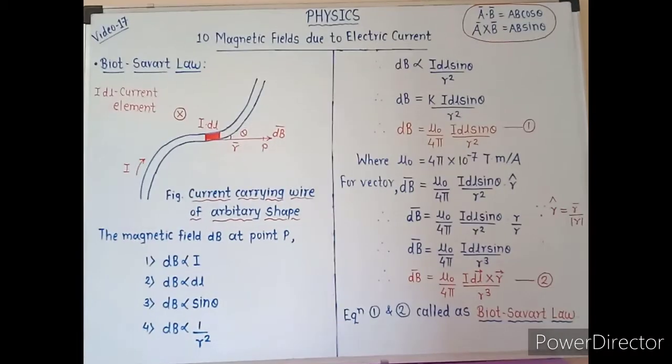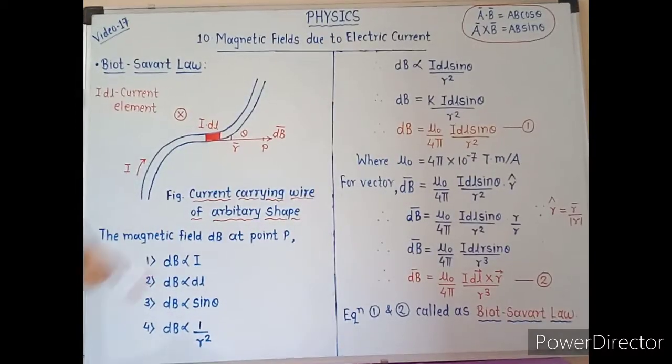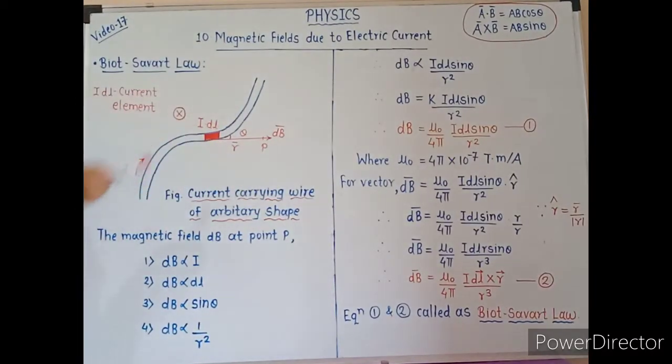Now we have to find the magnetic field at point P produced by this current element Idl. As we have considered a very small portion of the wire, the magnetic field is also small, that is dB. So dB is the magnetic field for only this small portion of the wire.